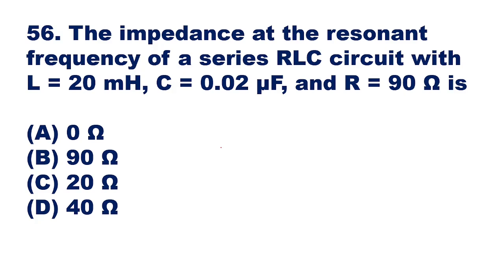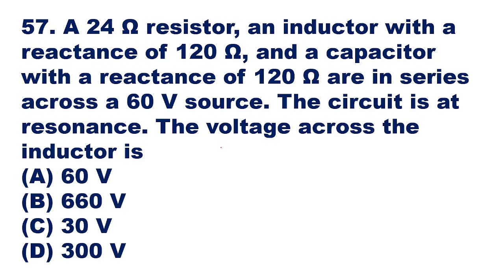So here R is equal to 90 ohm given in the question. So option B, 90 ohm, will be the correct answer because it will be only resistance R. Then we'll go to the next question.